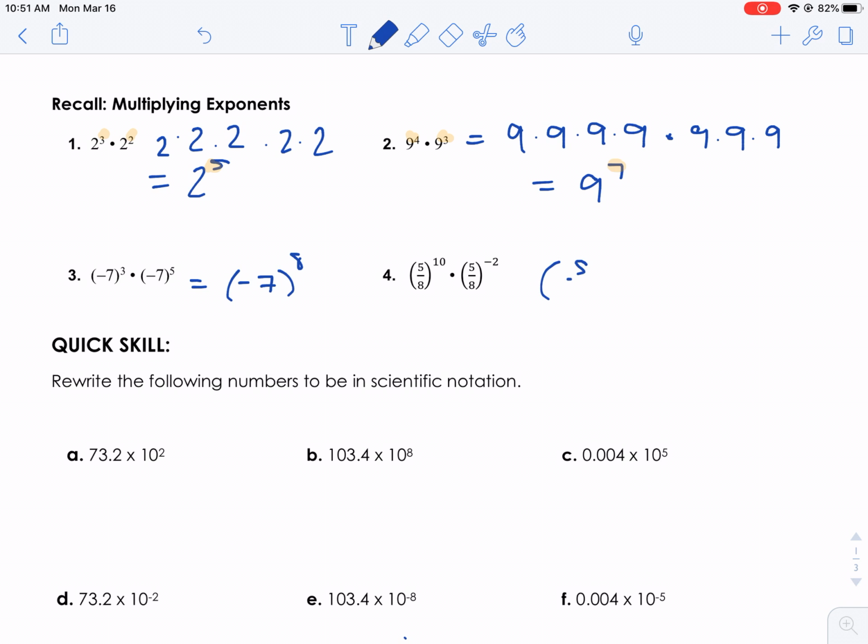In number 4, the base stays the same, so 5/8 stays 5/8. Even though our exponent is negative, we can still add it together. So 10 plus negative 2 is positive 8. Remember, when we're multiplying our powers, the exponents get added.